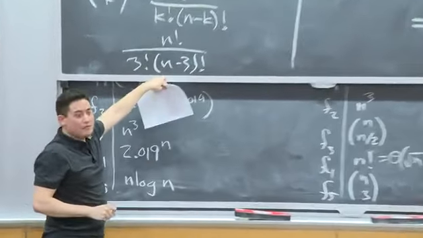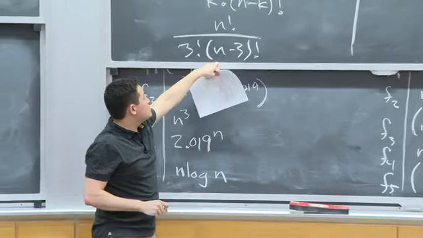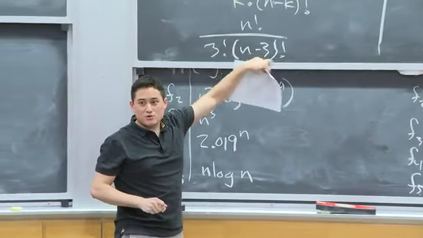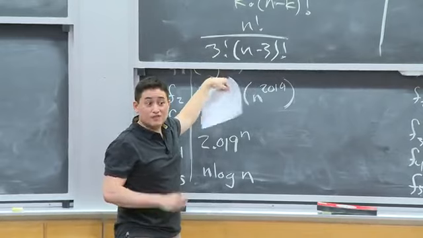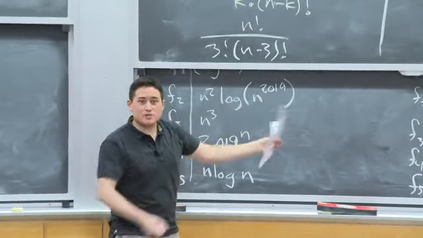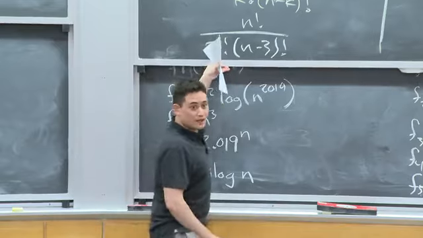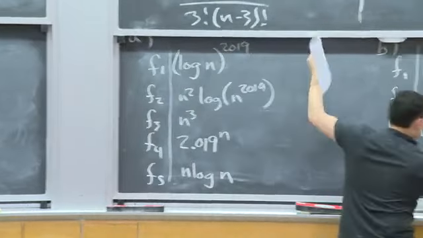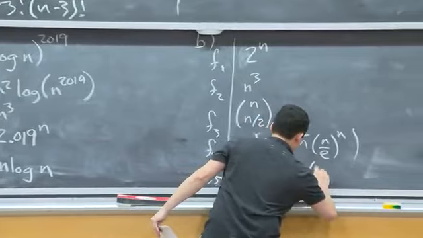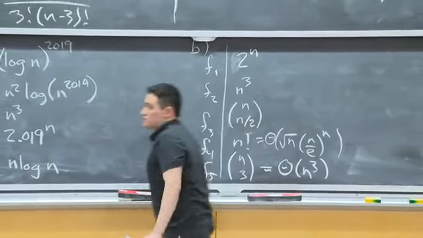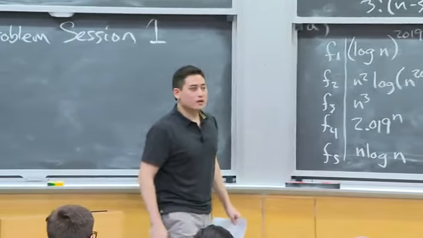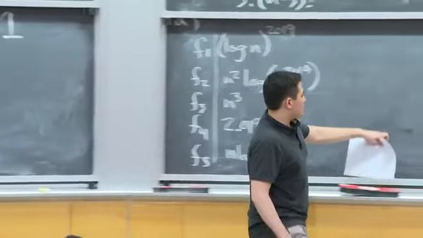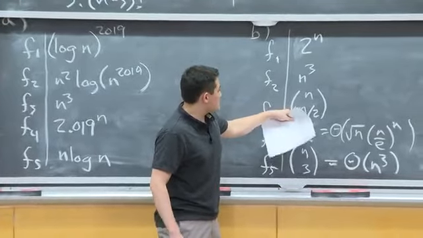N factorial over n minus 3 factorial just leaves us with n times n minus 1 times n minus 2, over 6, right? And if you multiply all that out, the leading term is an n cubed, right? So this thing is asymptotically n cubed. I kind of skipped some steps, but hopefully you could follow that. Okay? And then the last thing to remain is this one right there.